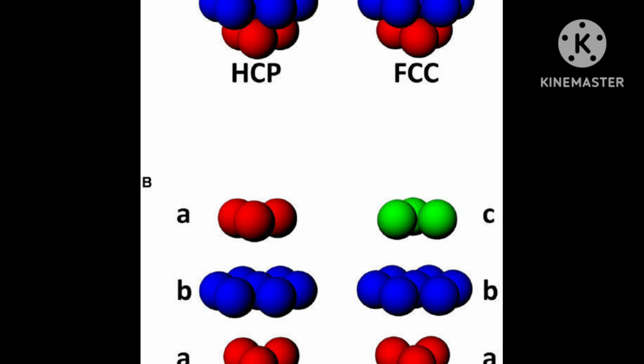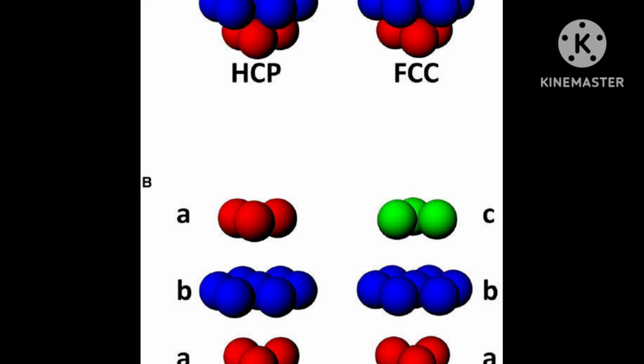Means X and Y are there, Y is making CCP and X is occupying octahedral voids. Then what is the formula of the compound? This is the question.